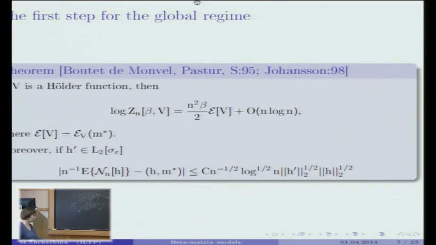Okay, the first result which I need to mention, which is really important for all these methods, is a very old result of both Emmanuel Pastur and myself. It was obtained also by Johansson, but the difference was that in the Johansson paper there was no bound.